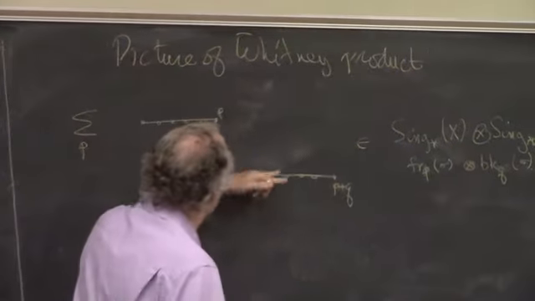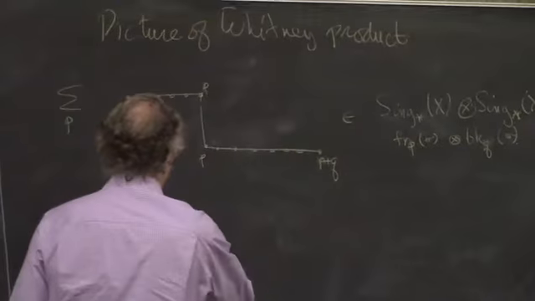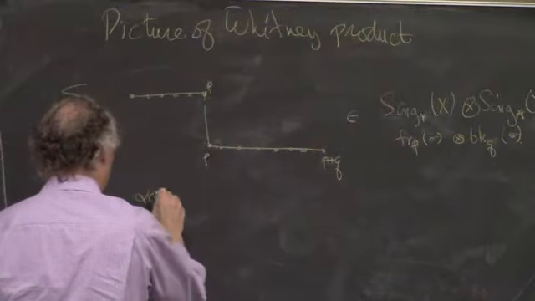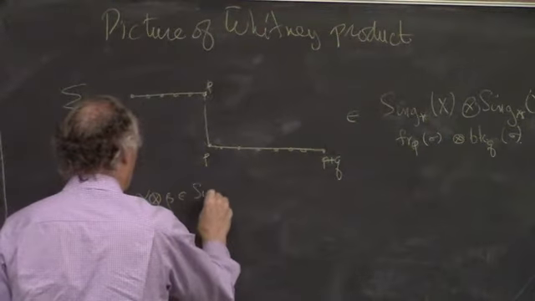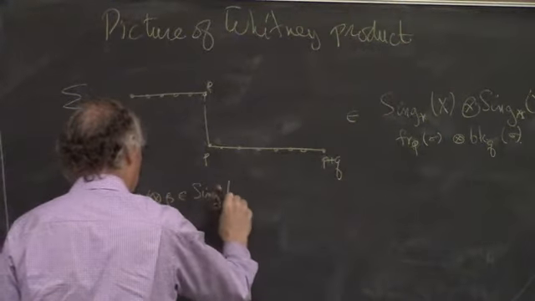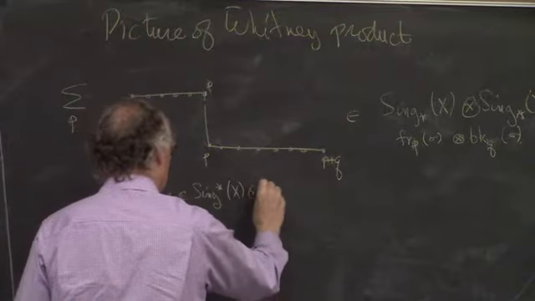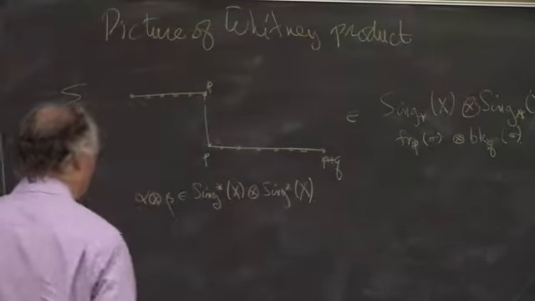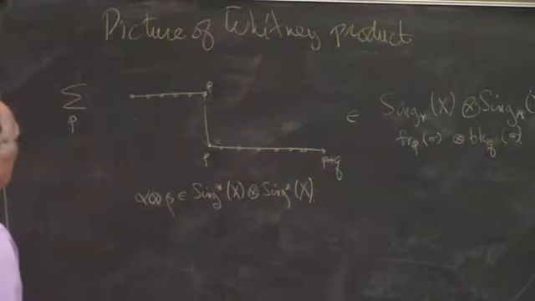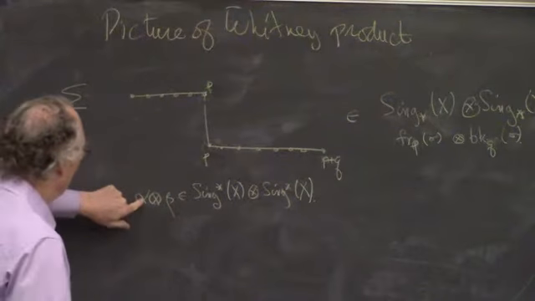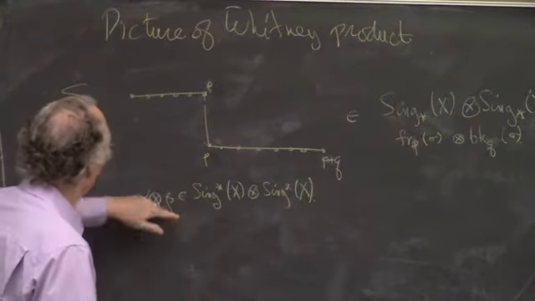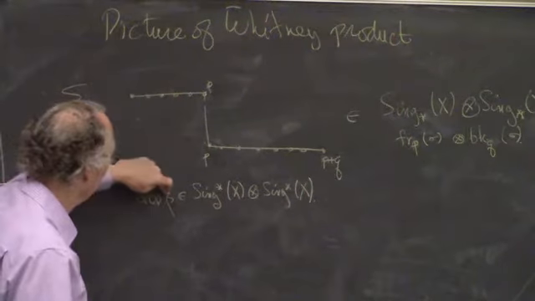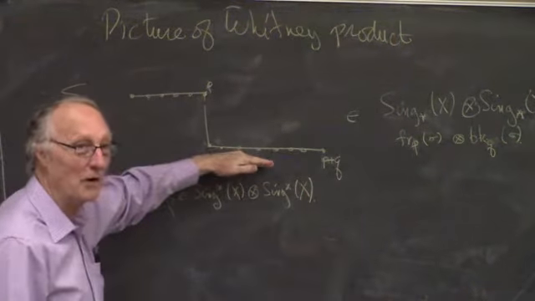So what this picture means is, if we have an alpha tensor beta in the tensor product of the singular cochains, so we have a tensor product of the cochain with the cochain, I will evaluate the first element in this tensor product on the upper row and the second element in the tensor product on the bottom row.